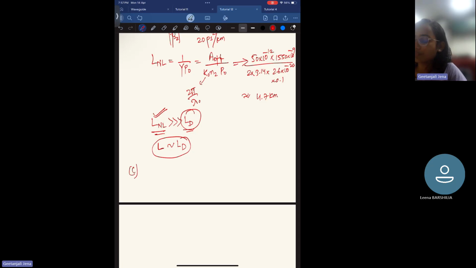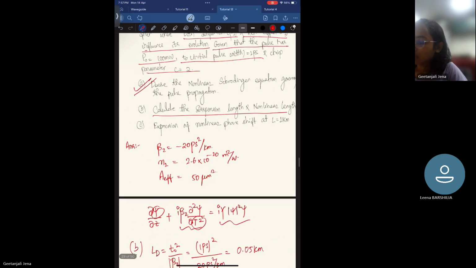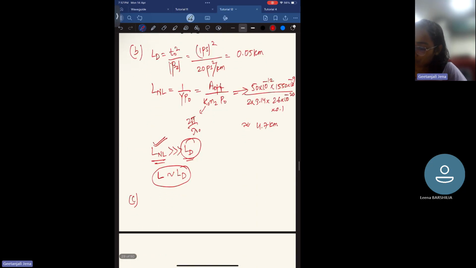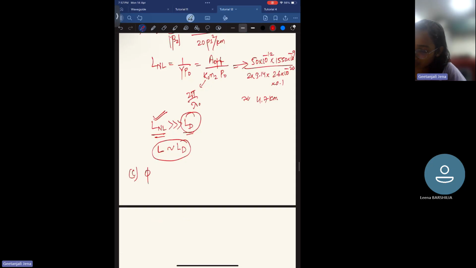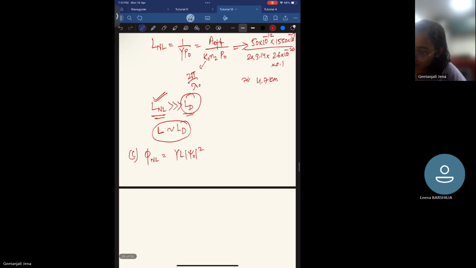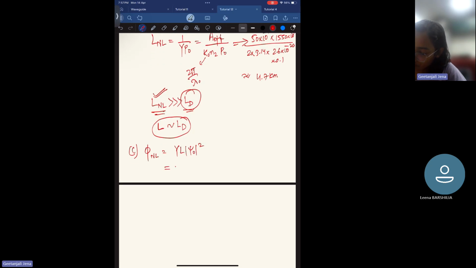So for the C part, what is the expression for the nonlinear phase shift at 1 kilometer? The nonlinear phase shift, we already know the expression. It is gamma L times the magnitude of psi 0 squared, so gamma L P0 e to the power minus T square by tau 0 square.